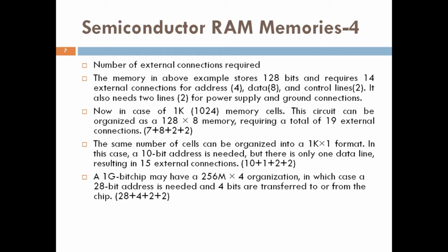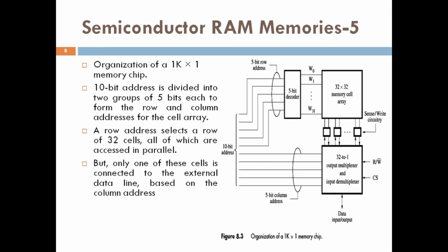However, according to the column address, only one of these cells is connected to the external data lines by the output multiplexer and input demultiplexer. Commercially available memory chips contain a much larger number of memory cells than the examples.